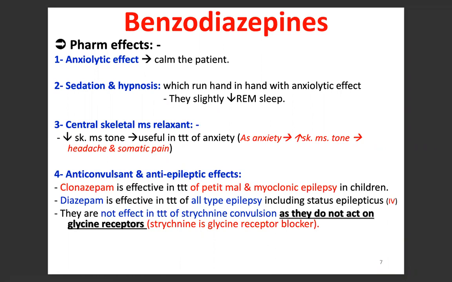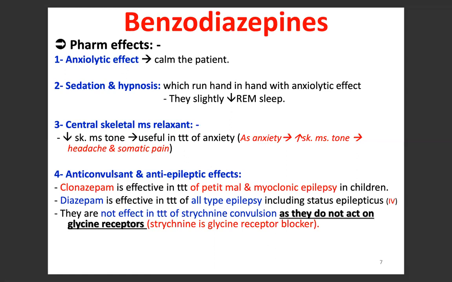Fig-like seeds are there, and strychnine is a natural plant product. If a person eats this strychnine plant product, it may lead to convulsions, and the convulsion is produced by strychnine through the glycine receptor. Strychnine is a glycine receptor blocker. Due to the blockage of the glycine receptor, there are convulsions.